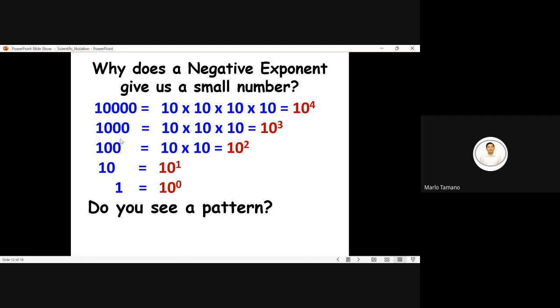Then we have 1,000. 10 times 10 times 10, tatlo. And that is 10 cubed. Then 100, 10 times 10 is 10 squared. Then 10 is equal to 10 to the first power. So kung pwede sa 10, pwede rin sa lahat ng numbers.